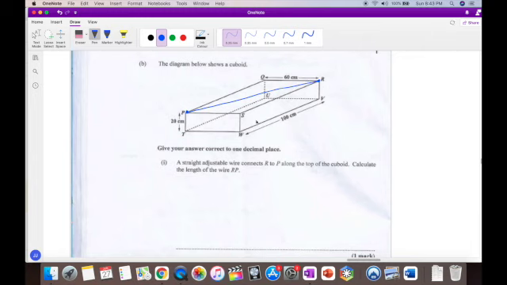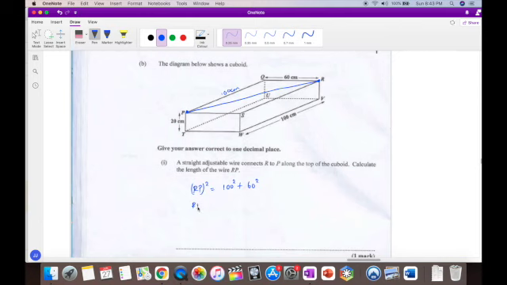Well, we can see here that this is a straight Pythagoras theorem question. This is 100 cm here. This is 60 cm here. So therefore PR, or we could call it RP since the question calls it RP, RP squared is equal to 100 squared plus 60 squared.